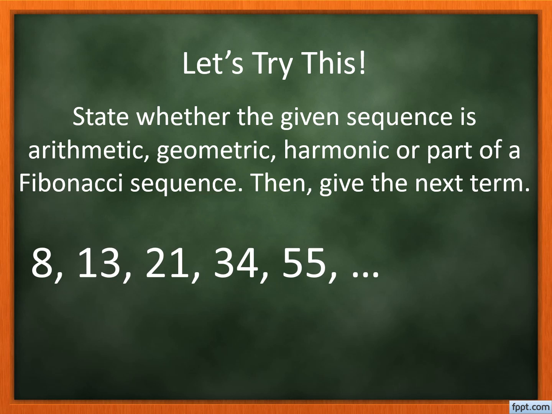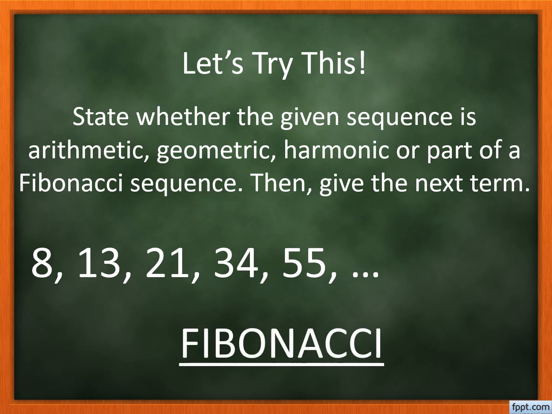Let's have the next example. 8, 13, 21, 34, 55, and so on. What type of sequence is this? This sequence is a part of a Fibonacci sequence. It means that the next term is 89.